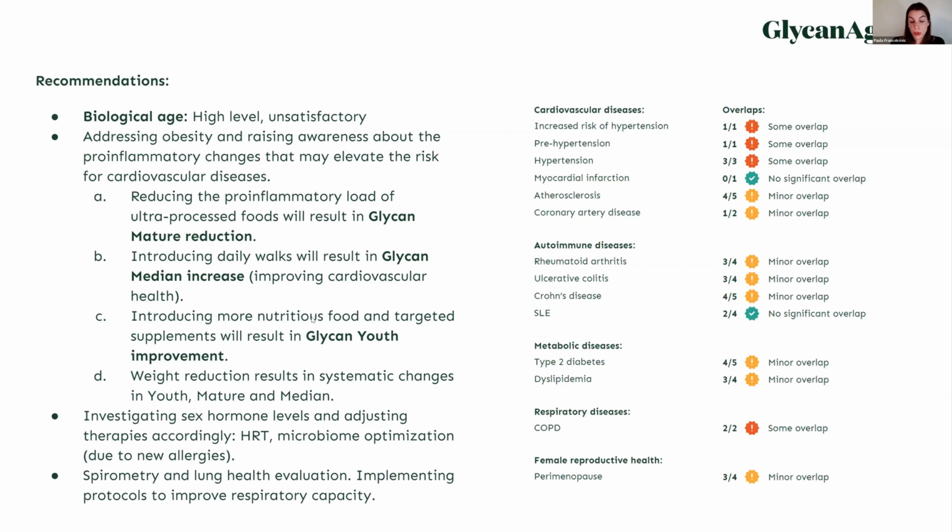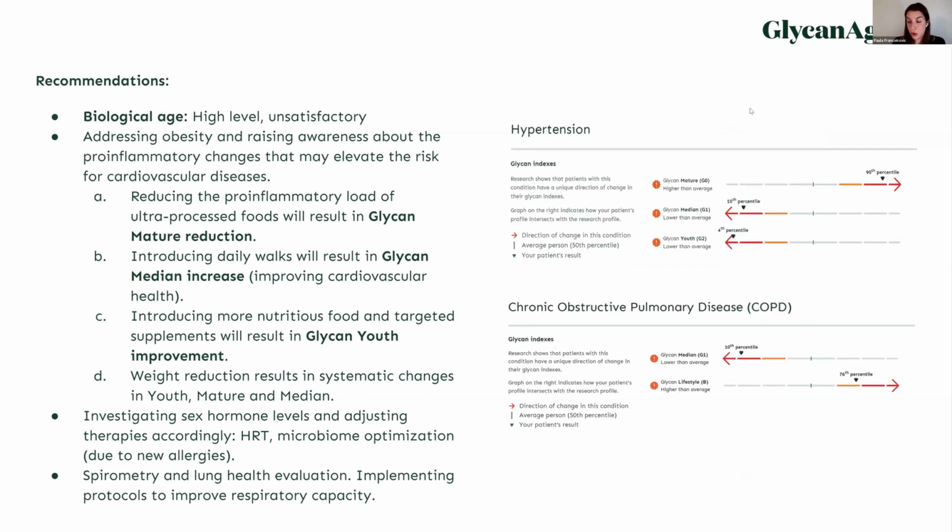We know that introducing more nutritious foods and targeted supplements can result in glycan yield improvements. And from the newest glycan insights, we know that overall weight reduction will cause positive systemic changes. So at the same time, we would have increases in the glycan yield, decreases in the glycan mature, and increases in the glycan median. This is to address the hypertension overlap.